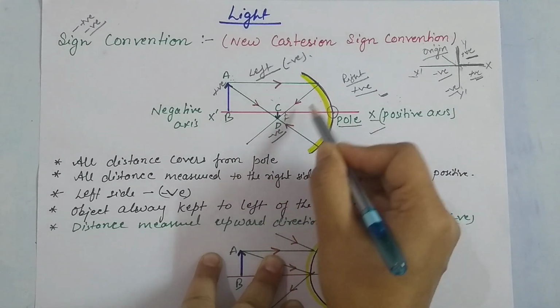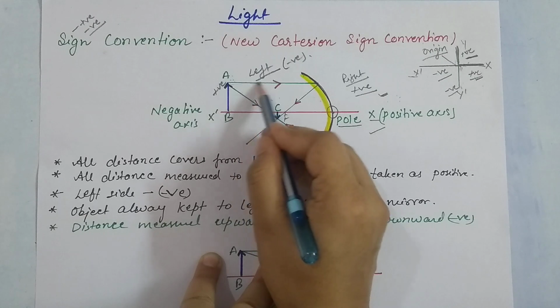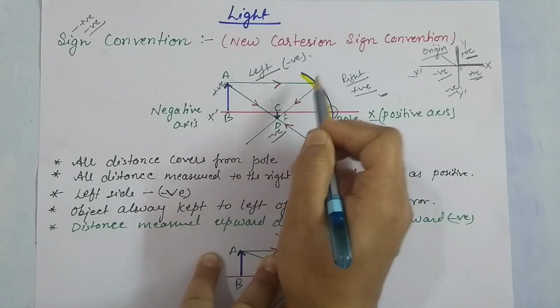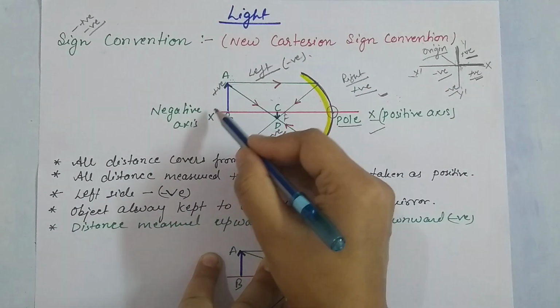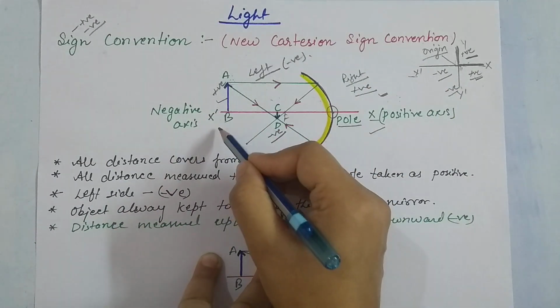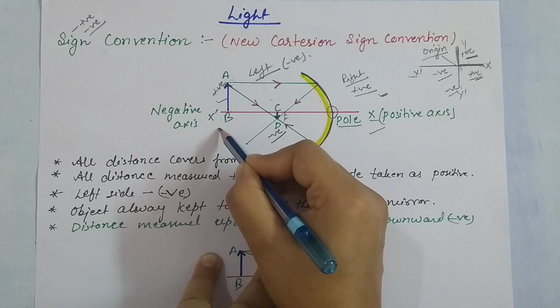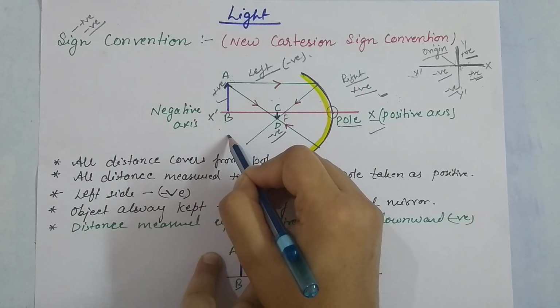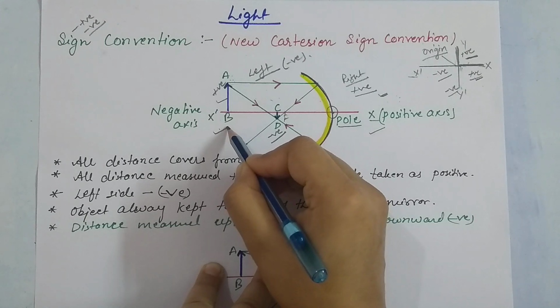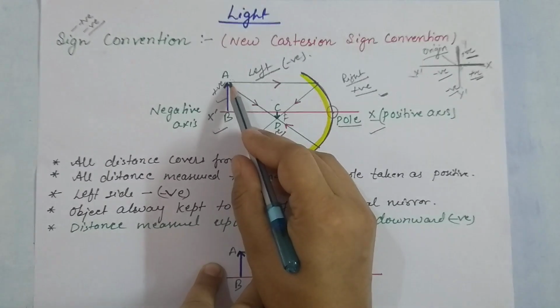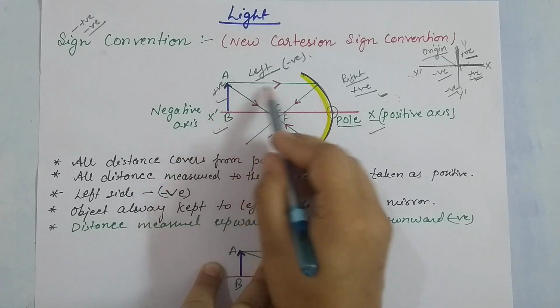One thing to keep in mind is that we always keep the object on the left-hand side, whatever the mirror is.